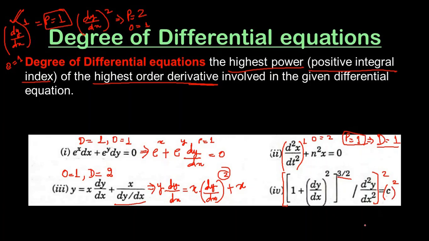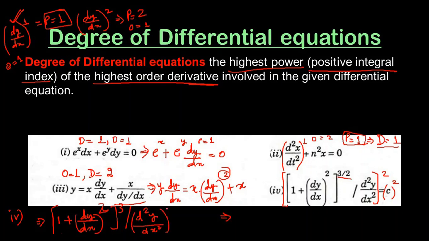When we square on both sides, this equation will become (1 plus (dy by dx) square) whole cube divided by (d square y upon dx square) whole square equal to c square.